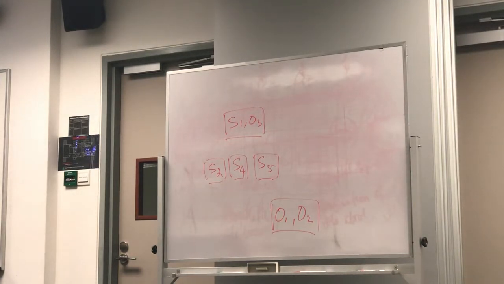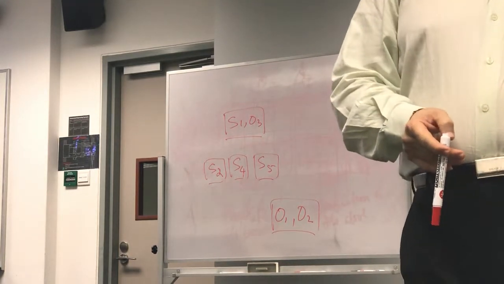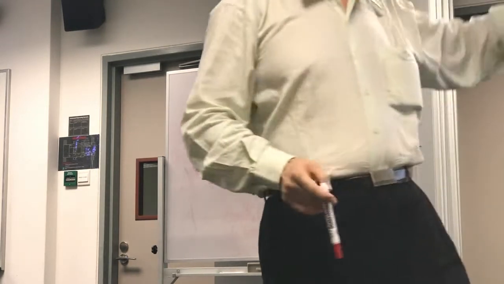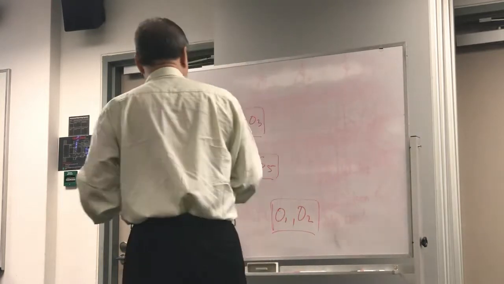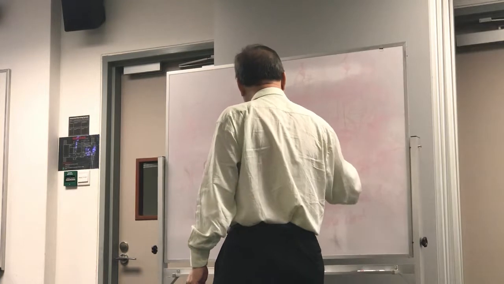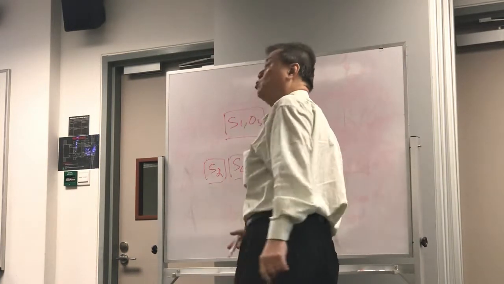This S3 can only read O1 and O2, but not the rest. Meaning that S3 can read, so S3 is higher than O1 and O2. So S3 is here. Then S3 can read O1 and O2.